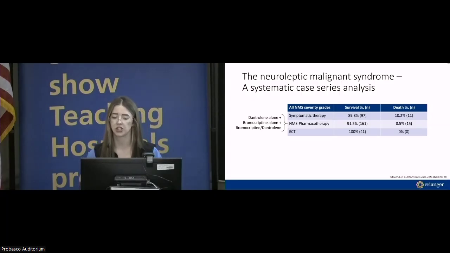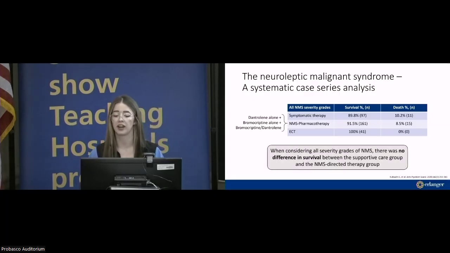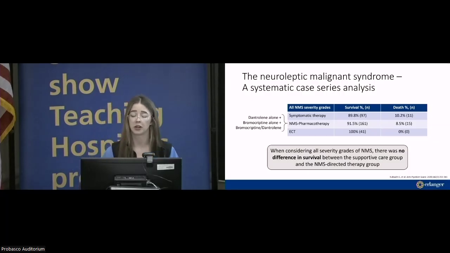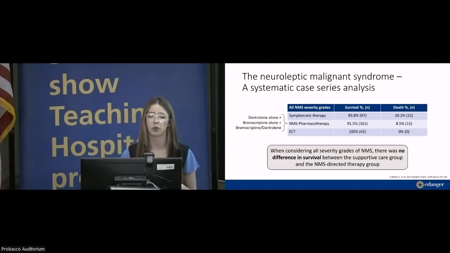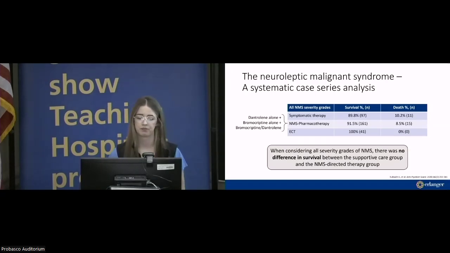And then all patients treated with electroconvulsive therapy in this data set survived, although the number of patients in this group was smaller. Overall, when mild, moderate, and severe cases are all pooled, there was no significant difference in survival between the supportive care group and the NMS targeted therapy. And so this suggests for milder presentations, high quality supportive care may be sufficient.